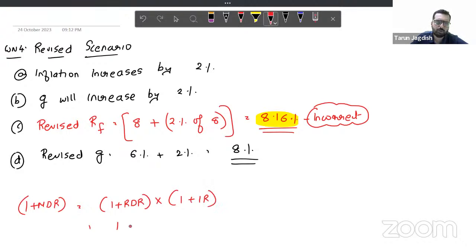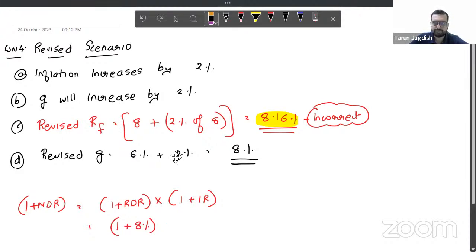So, ideally, what I should do is take 1 plus 8 percentage as the RF multiplied by 1 plus 2%.